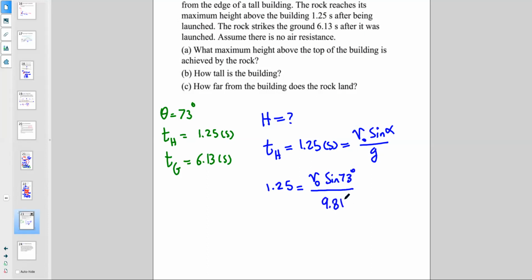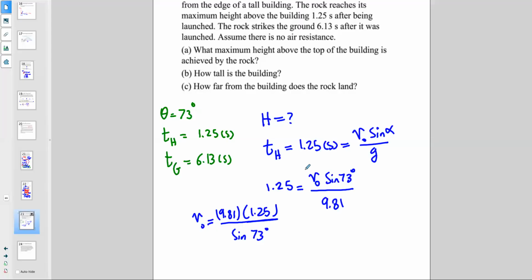So I can easily find v0 out of that, right? So v0 is 9.81 times 1.25 over sine of 73.